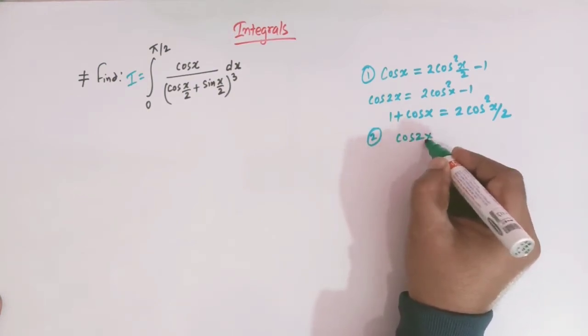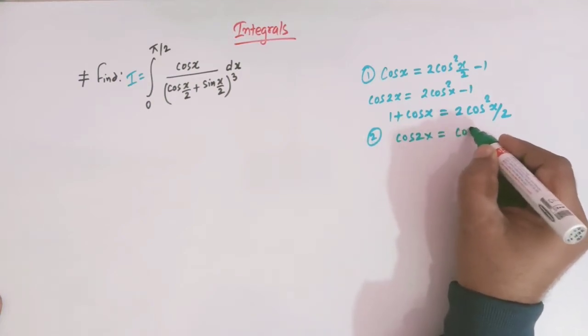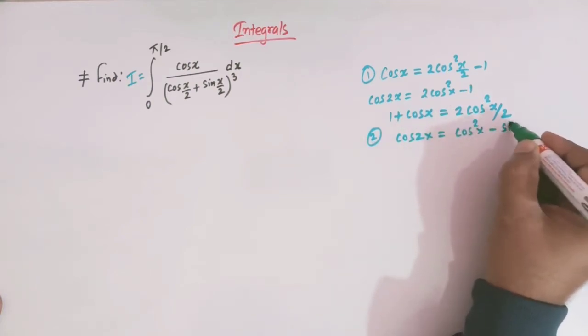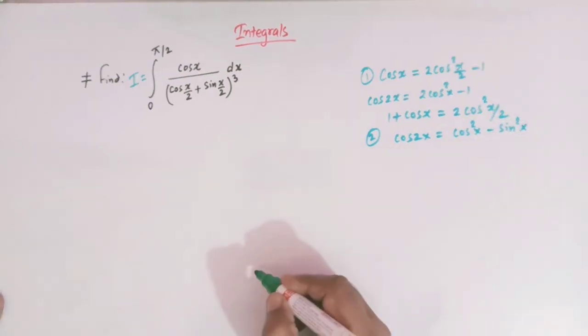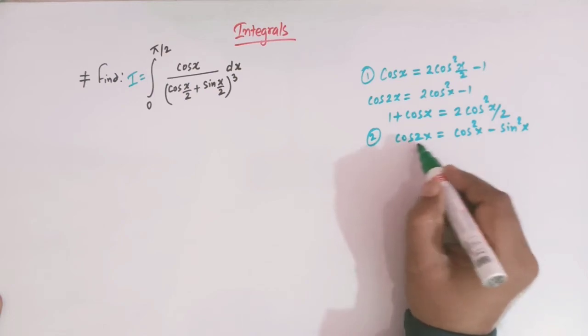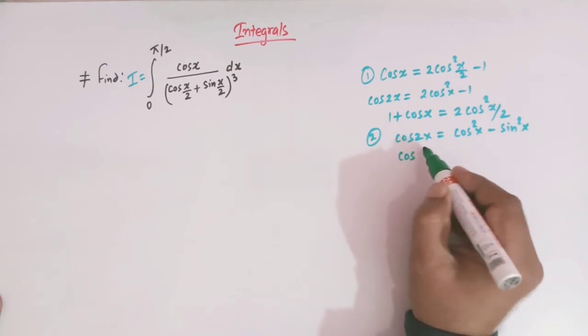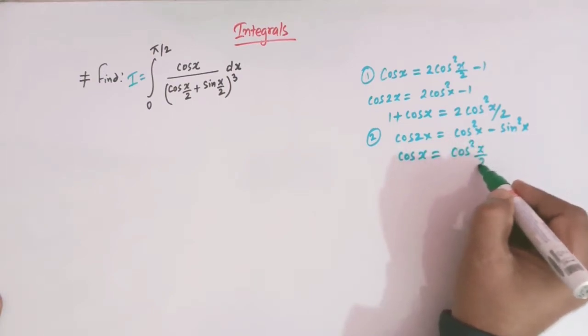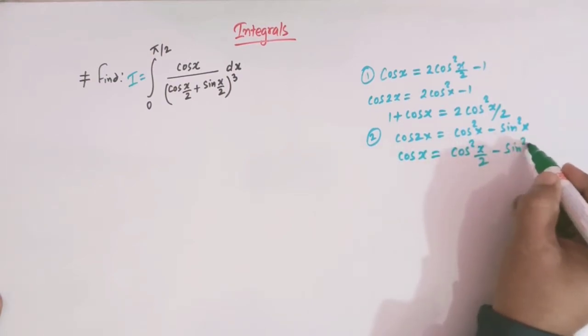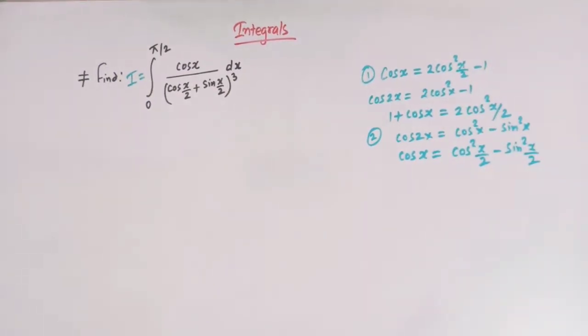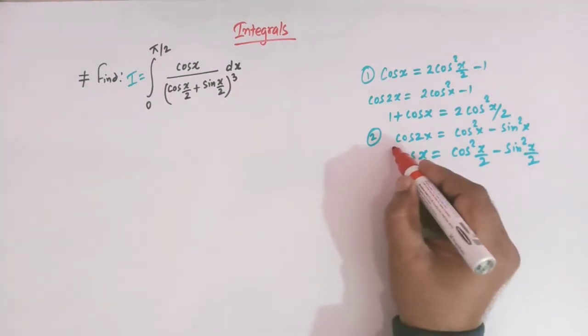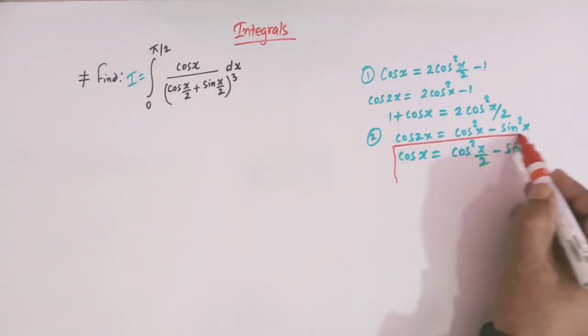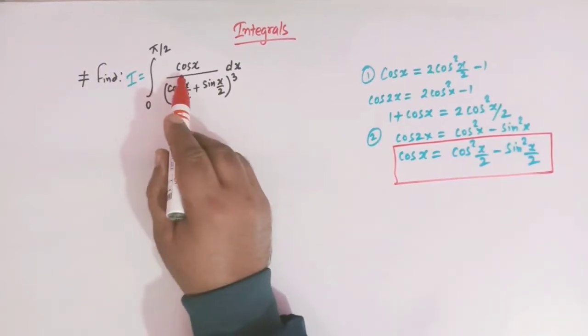The other identity for cos x: we know that cos of 2x is equal to cos square x minus sine square x. Again, if we write the half angle formula from here, we can write cos of x is equal to cos square x over 2 minus sine square x over 2. We have to use this identity in this integral.